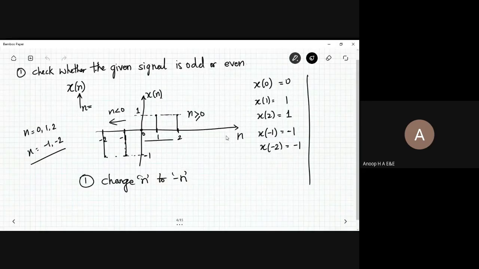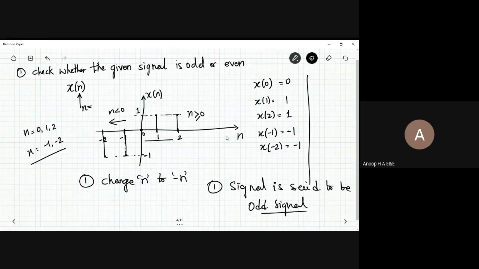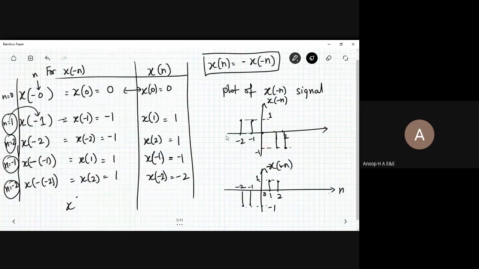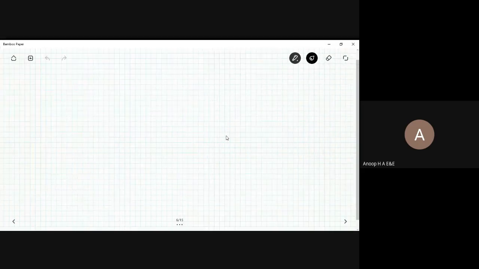So I can say that the given x of n signal is an odd signal. It is verified with respect to x of n being equal to minus x of minus n. It is called an odd signal. So that is the concept that is being shared here.